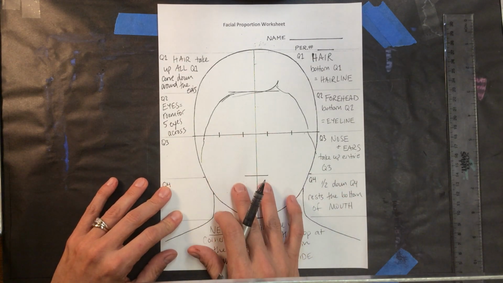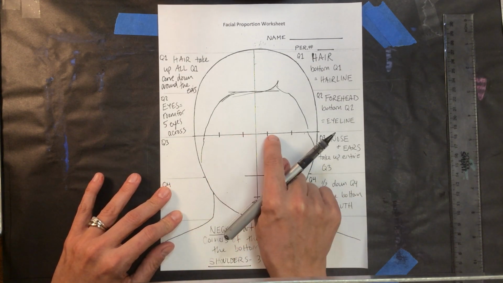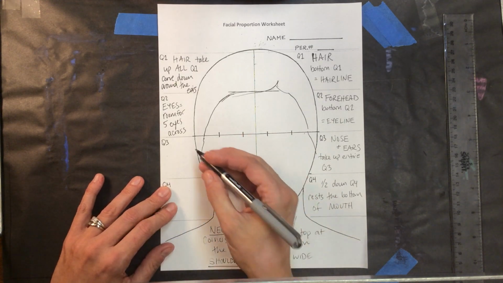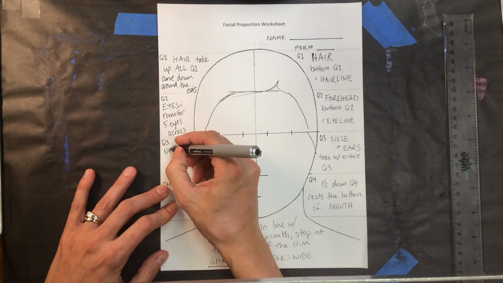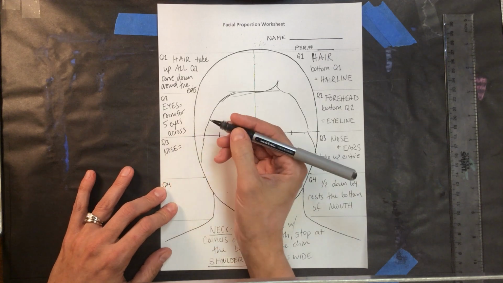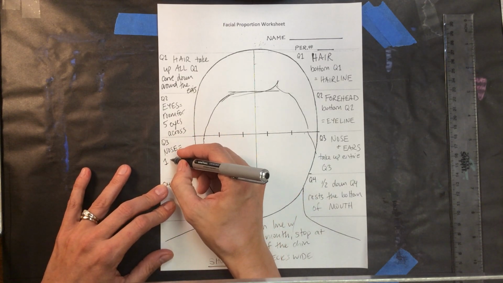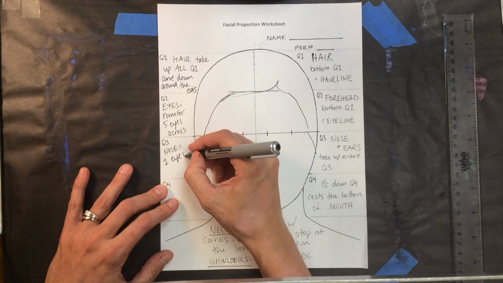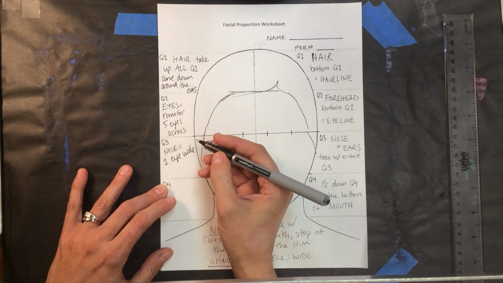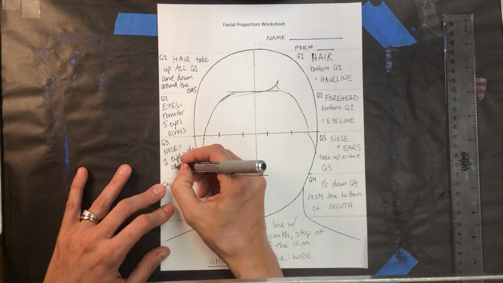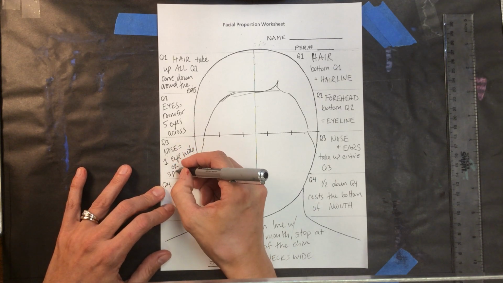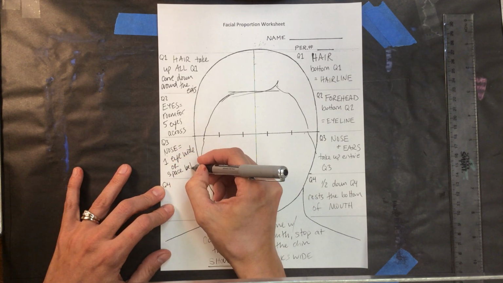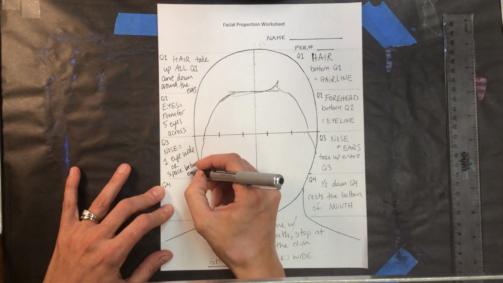Approximately the width of one eye, which is also equal to that space between the eyes. So that, of course, takes place in the third quarter. We can say that one eye wide, or the space between the eyes.